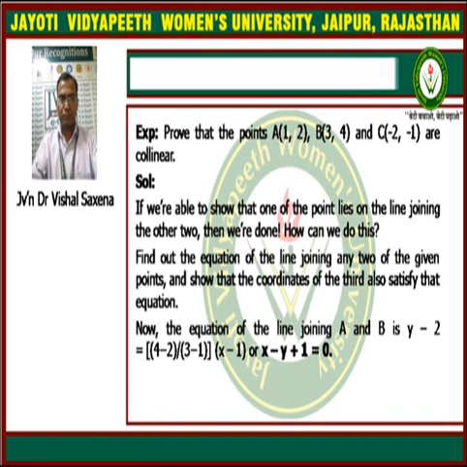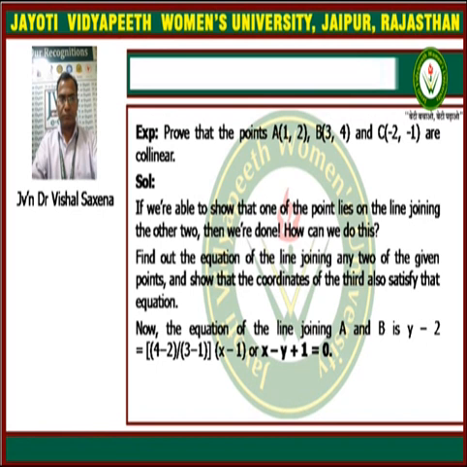And how can we find the equation of a straight line? The points A and B can be taken as the 2 points, like x1, y1 and x2, y2. We have to put these 2 points in the 2-point formula: y minus y1 is equal to (y2 minus y1) upon (x2 minus x1) into (x minus x1).